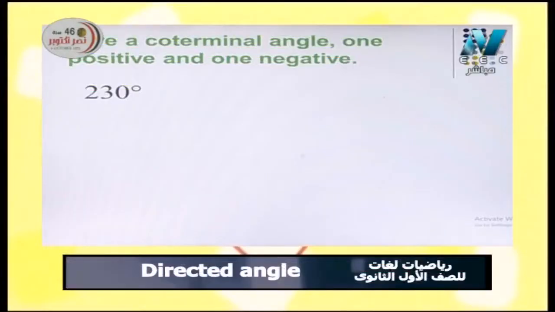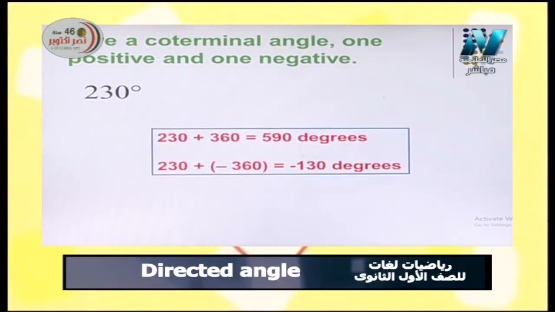Give a coterminal angle, one positive and one negative, for 230. If we add 230 here and 360 here, we'll find the answer is 590 degrees, which is the sum of 230 plus 360, because 360 means one turn, one complete round.